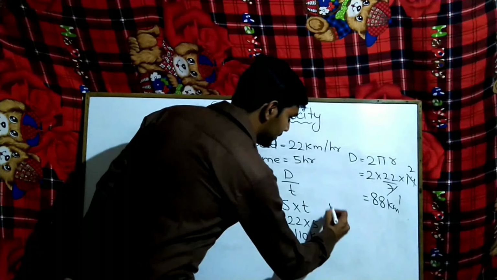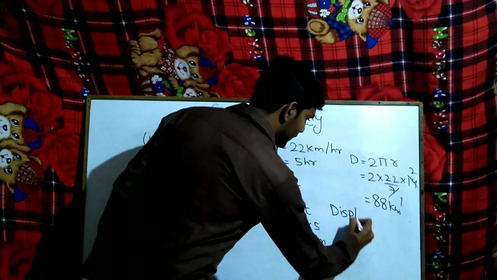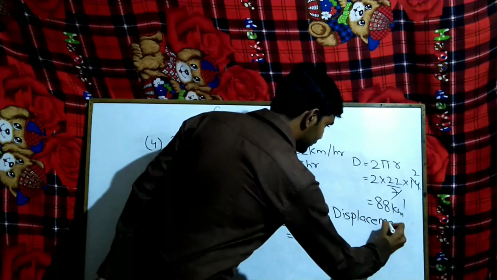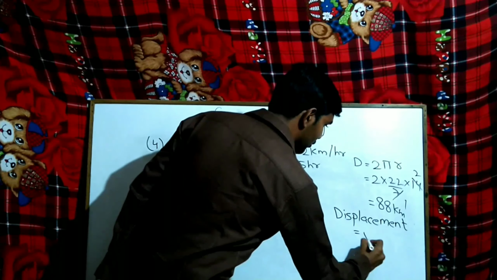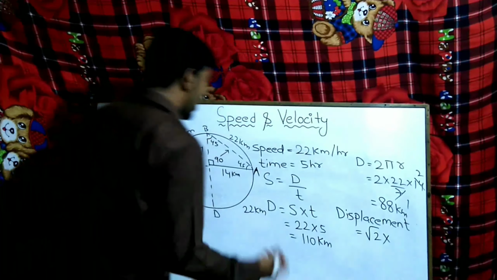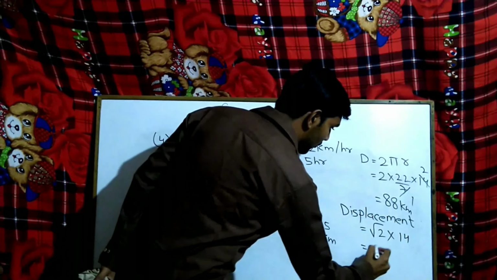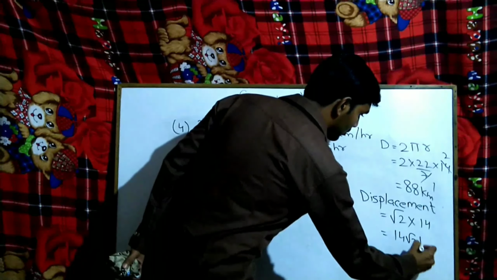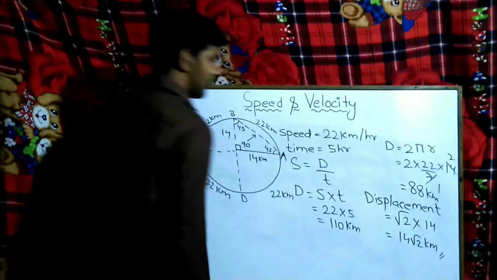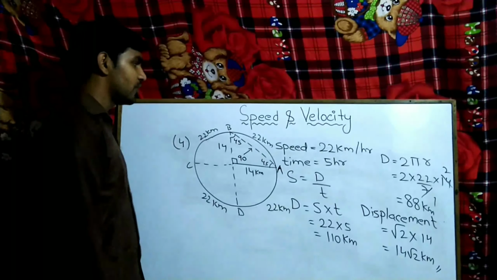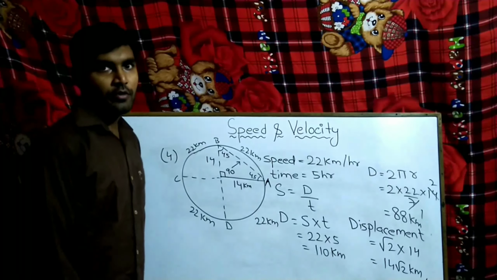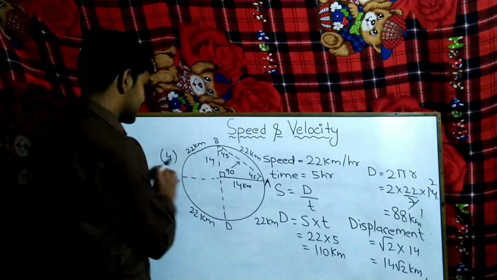Now displacement is equal to root 2 into a, how much given? 14. So it comes 14 root 2 kilometer. Okay. I hope you clear this fourth one. You practice, automatically it will come. Okay. Now let's start with the fifth problem.